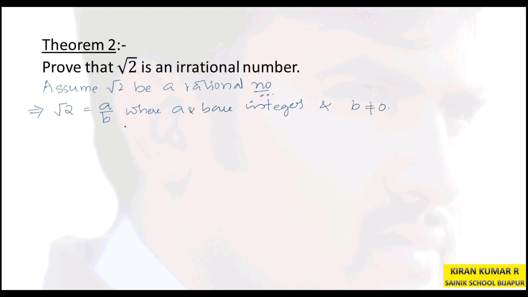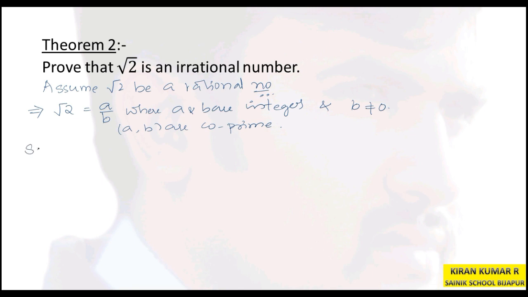These a and b are co-prime numbers. The meaning of co-prime numbers is that their highest common factor is 1.